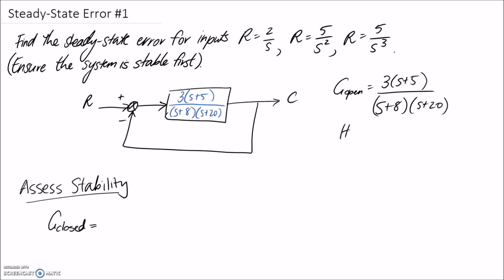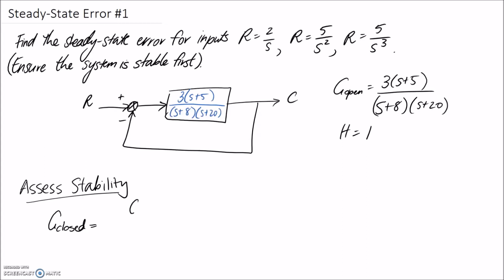Okay, and H is the transfer function for what's in our feedback loop, and we have a unity feedback system because what's at the output is just taken straight back and compared with the input. So H is just equal to 1 in this case.